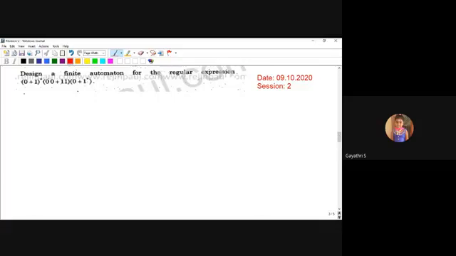First, I will start with (0+1)*. I first start with a starting state, and this is for epsilon. 0+1 is in the form of union. If it is union, there are two parts: the upper part for the first part, 0, and the lower part for the second part, 1.